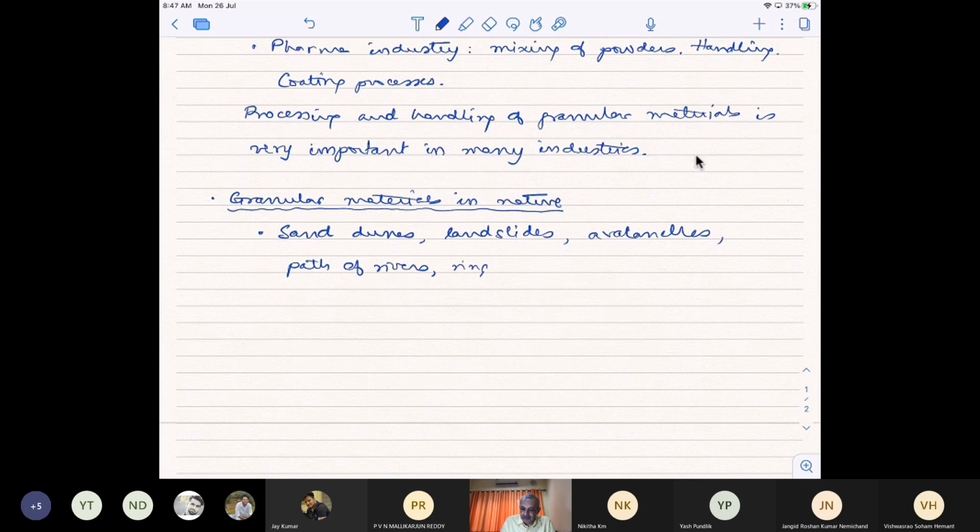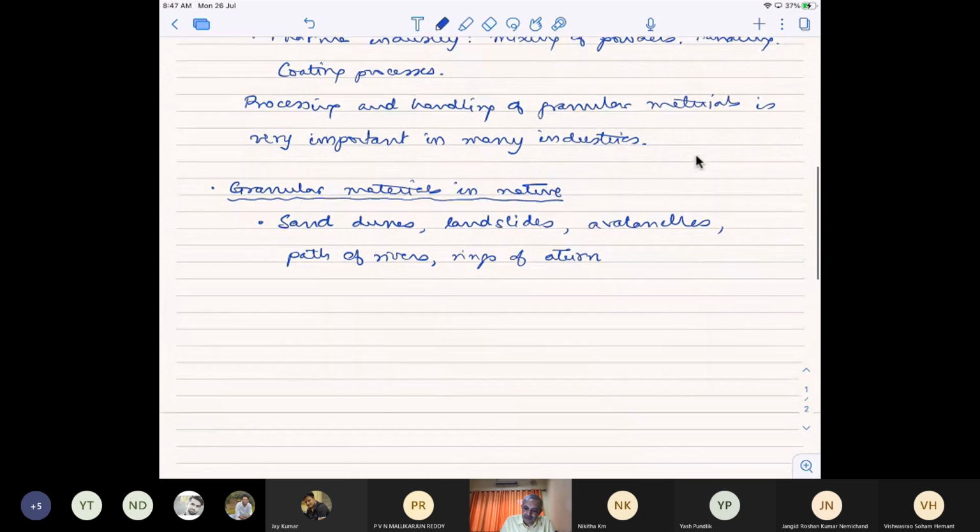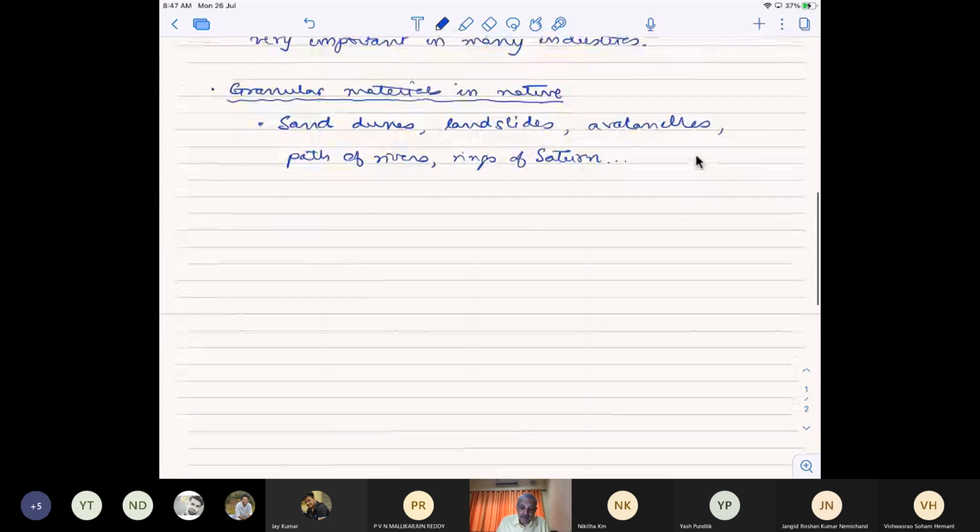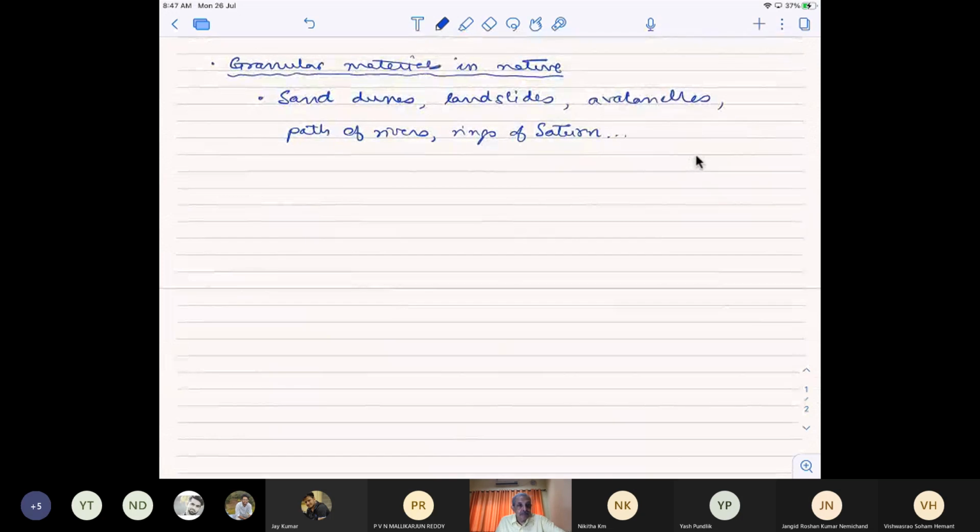Then you would have seen the rings of Saturn. Those are also a collection of granular materials and so forth. So there are many, many examples in nature. And this is also another motivation why people study how granular materials will flow.